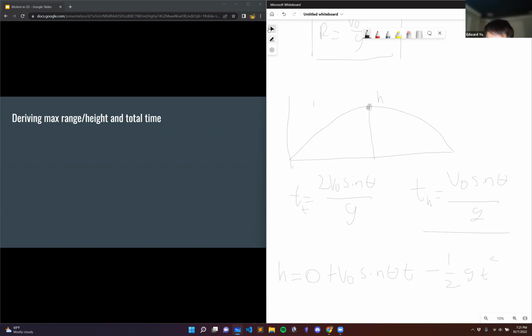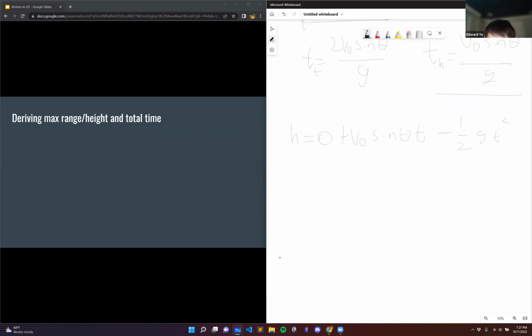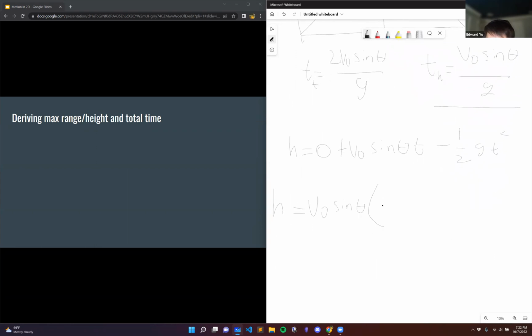So now if you plug that in, you get h equals v sine theta times v sine theta over g, minus 1/2 g, and then t squared would just be v squared sine squared theta over g squared. So now you can start canceling out some stuff. So that's one g gone.